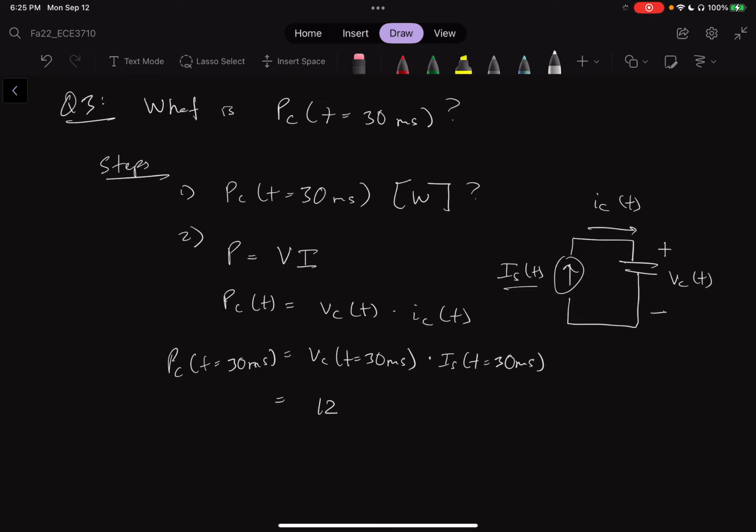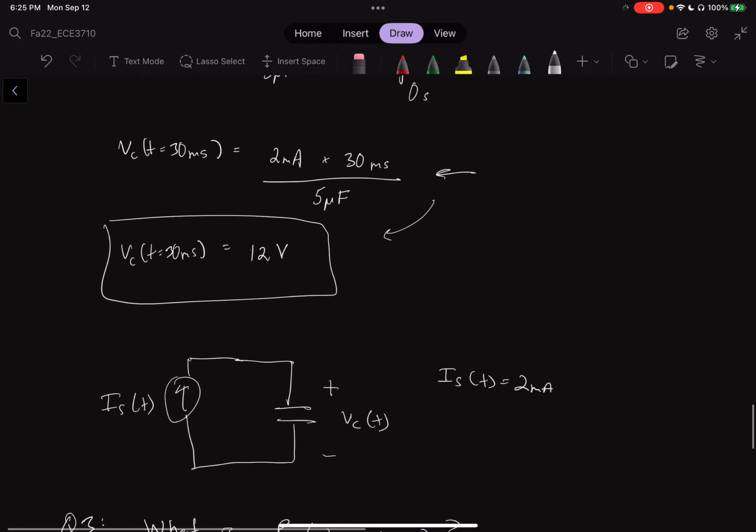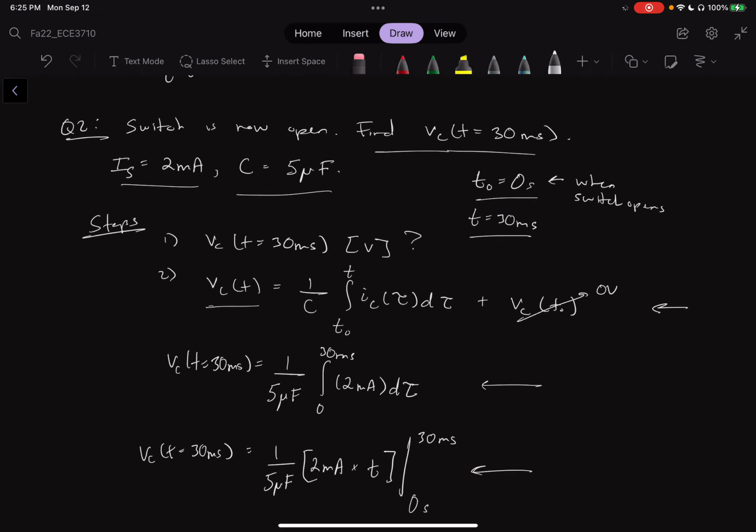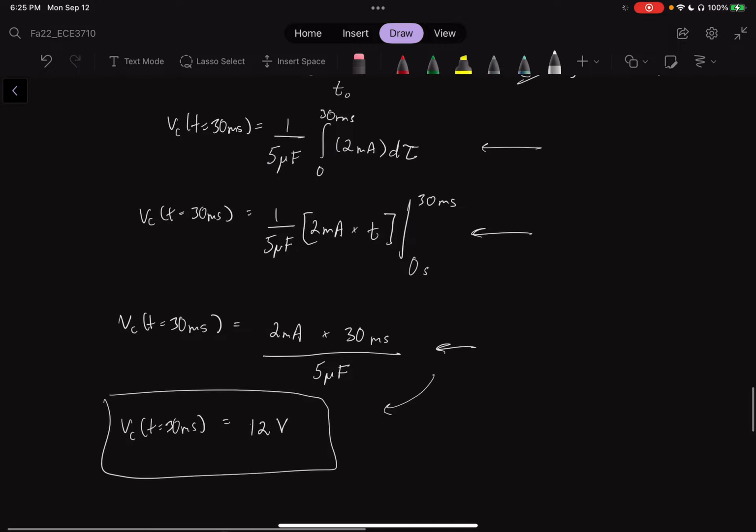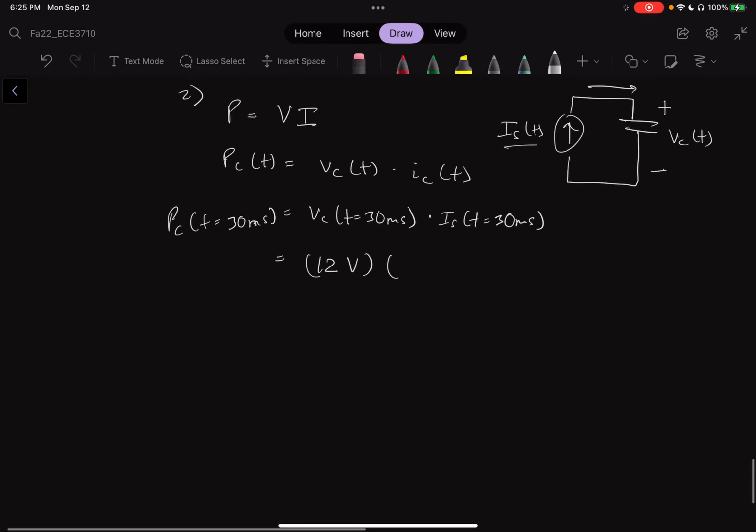Which is what? 12 volts times, if you go back to your problem statement, the current source is a steady current source. It's 2 milliamps at all times. So 2 milliamps. And therefore the answer is 24 milliwatts. That is the power of the capacitor at time equal to 30 milliseconds.